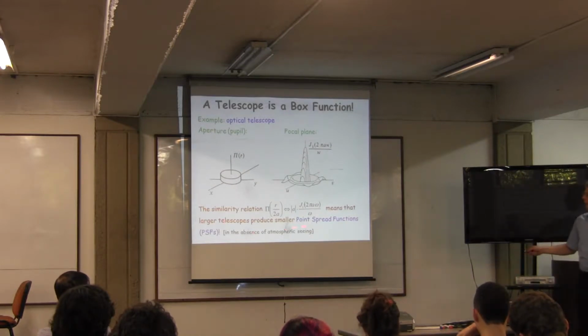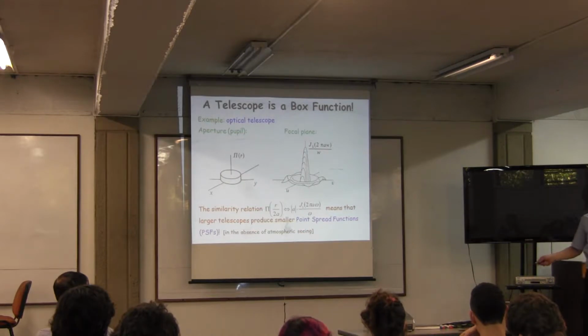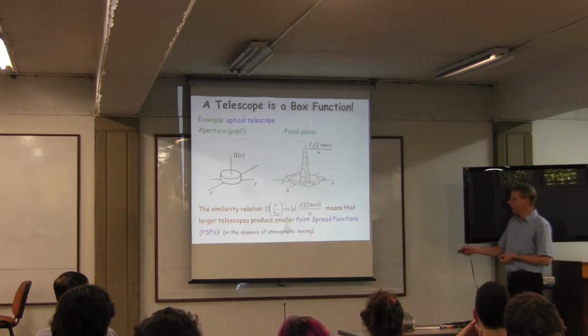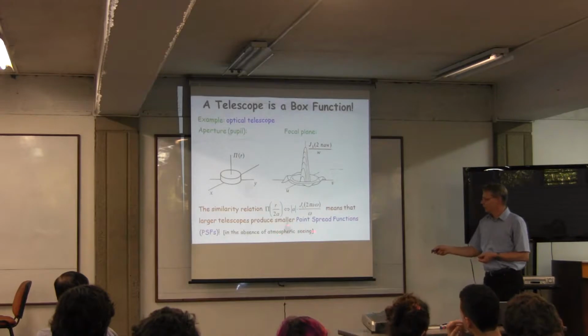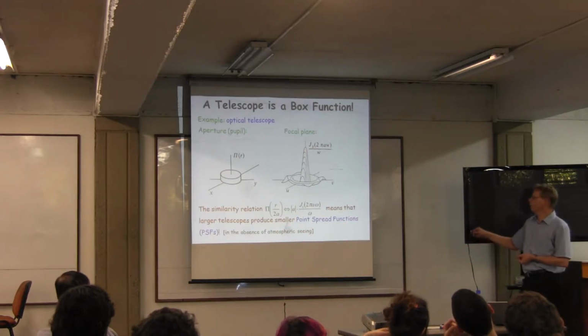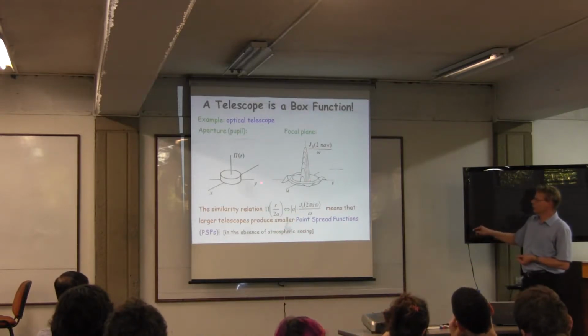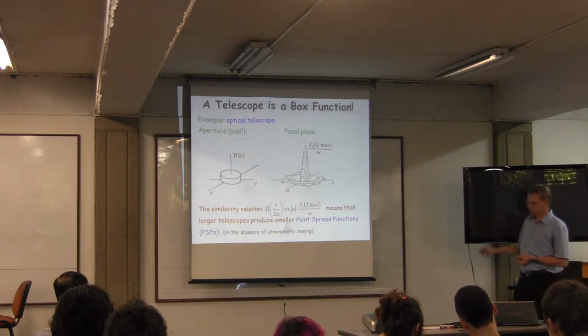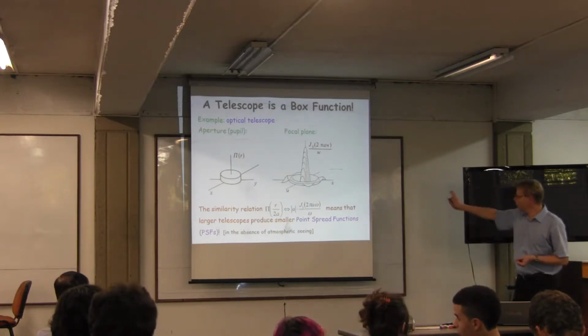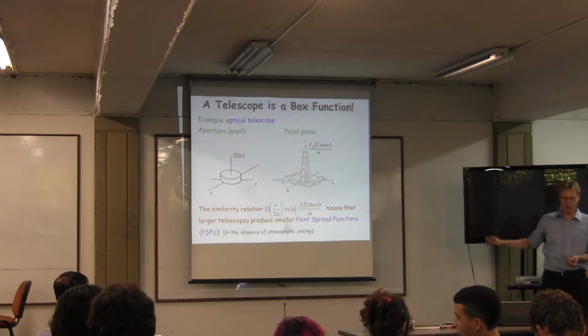Now remember, in this whole discussion I'm doing like what I discussed yesterday does not exist. There's no atmospheric seeing, because if you would add atmospheric turbulence here, you would not see that structure, you would see a big seeing disk here. But for today, we pretend there is no atmospheric seeing.